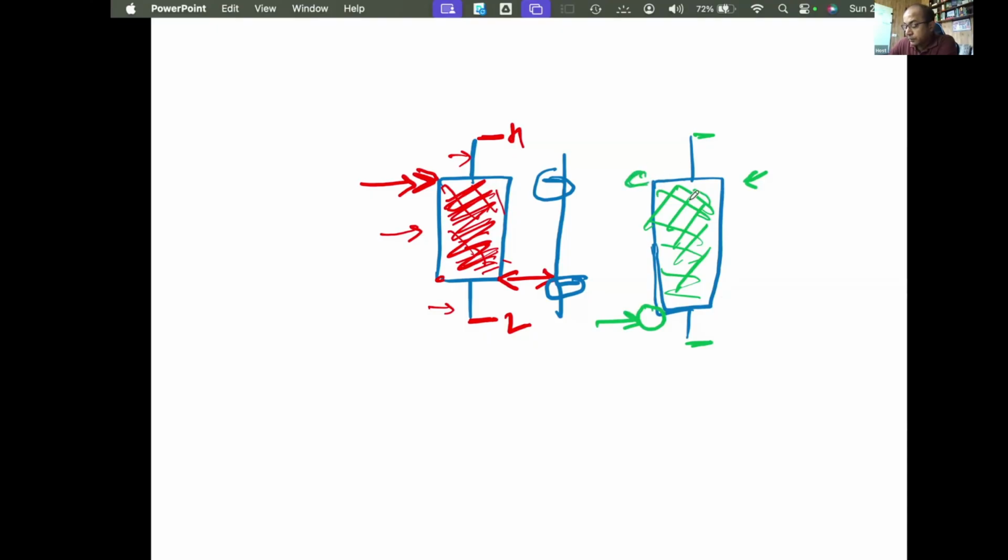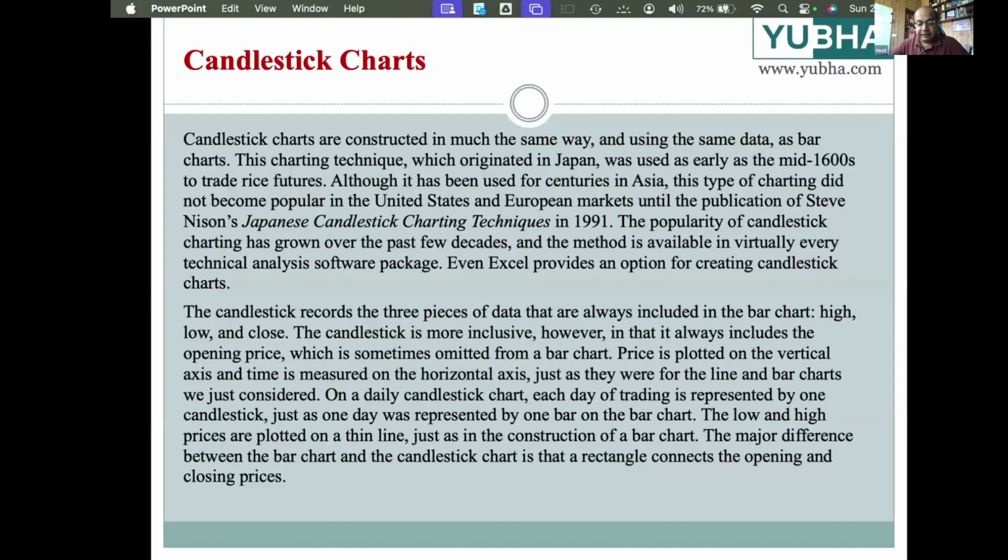So this is the close. On a green candle, the close will always be above the open. On a red candle, the close will be below the open. Any questions on the representation in a candlestick? Most of you would have seen those even in normal charts, and we'll go to TradingView right after this and see how that is represented on your actual charts.